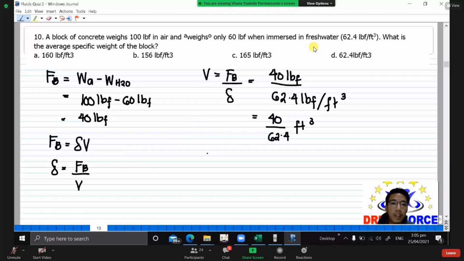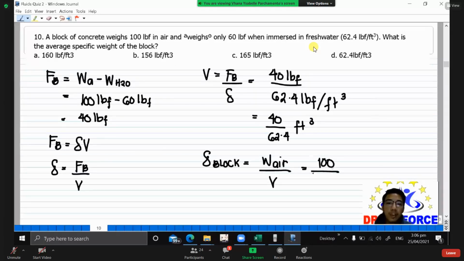Balik tayo dito. Yung specific weight ng block natin. Pag kinuha mo yung specific weight ng block, babalik ka sa formula to. Pero yung buoyant force mo dito magiging weight ng block in air. Yan, weight niya in air divided by the volume. Kaya ano ba yung weight niya in air? That is 100-pound force.